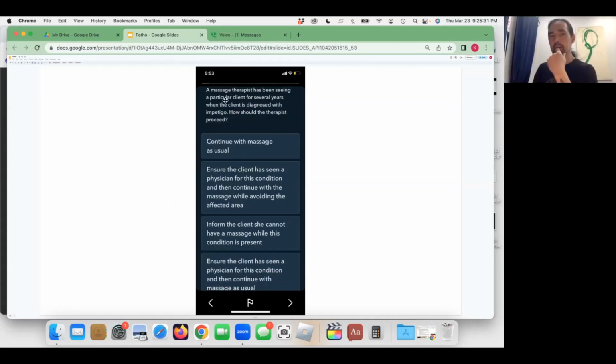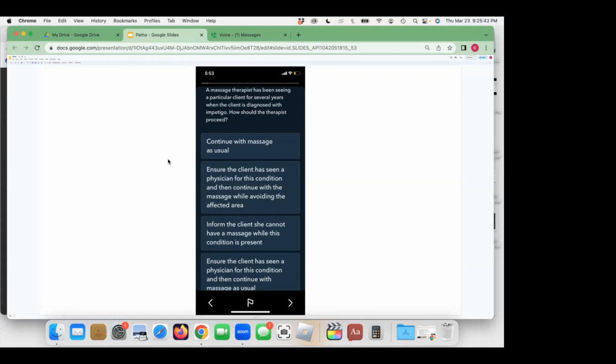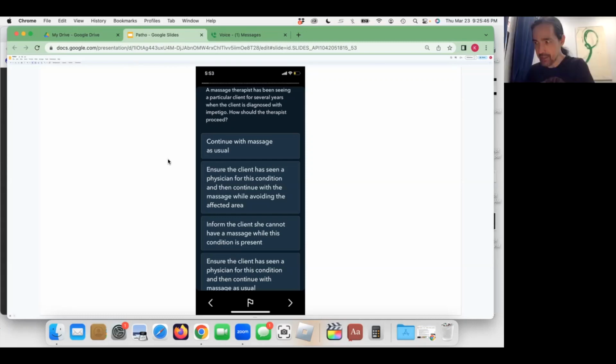All right. A massage therapist has been seeing a particular client for several years. When the client is diagnosed with impetigo, how should the therapist proceed? So impetigo, do you guys know what that is? No. Impetigo is a skin level infection. It often comes from just not washing well enough, and then maybe you get a little abrasion on the skin.